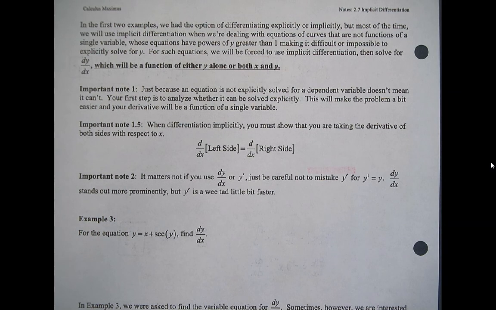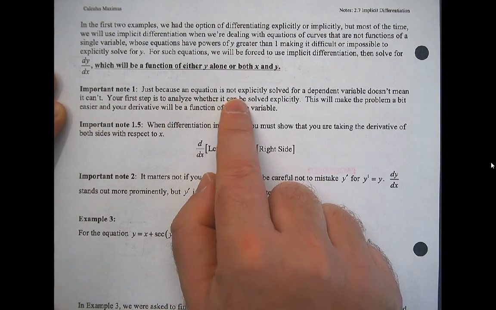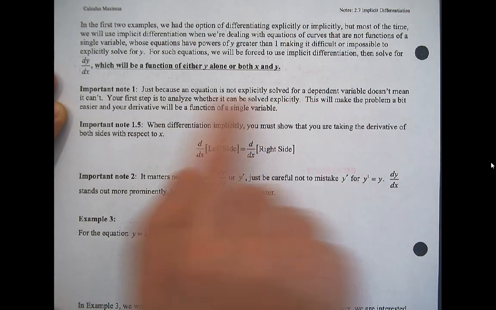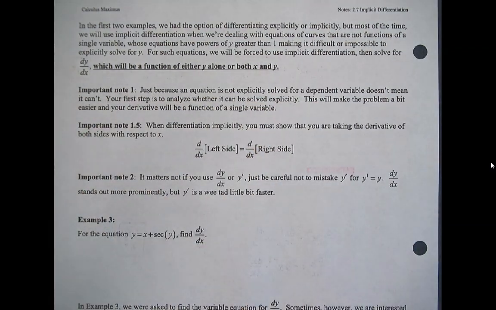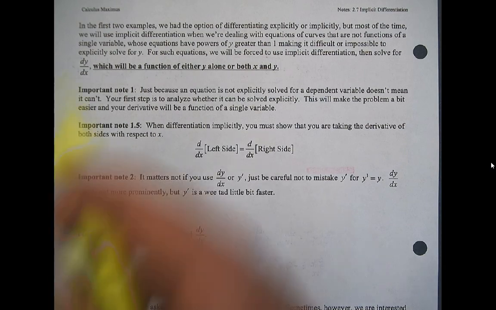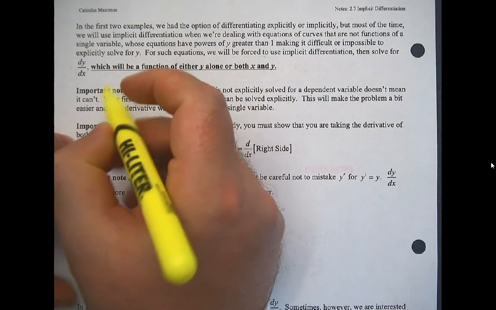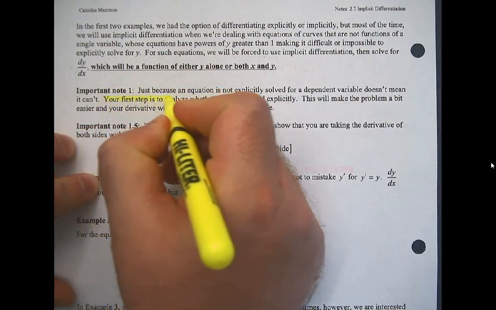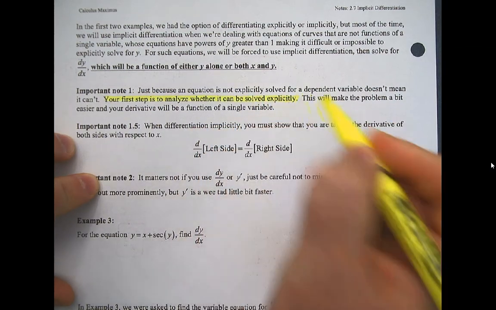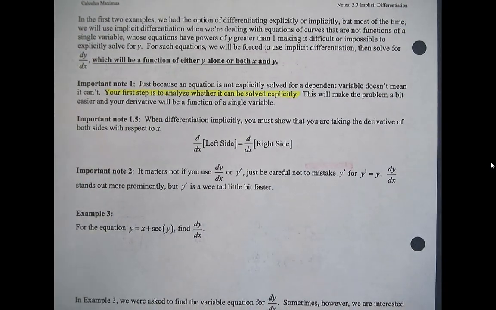So the first note is just because an equation isn't explicitly solved doesn't mean that it can't be. Your first step, never not first, is to analyze whether or not you can solve for one of the variables. And it doesn't matter which one. It really doesn't. But your goal is to get y by itself if you can.